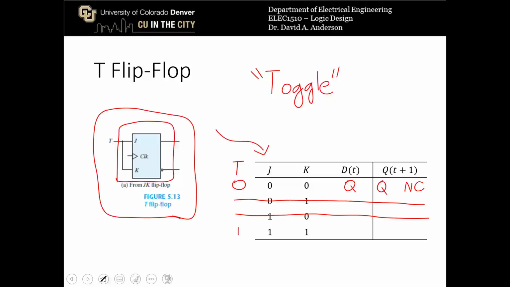When T is 1, that means that both J and K are 1. For the D flip-flop, that means that D is Q prime, and then Q of T plus 1 is equal to Q prime, which indicates toggling. So the T flip-flop can only have two possible states, no change or toggle.